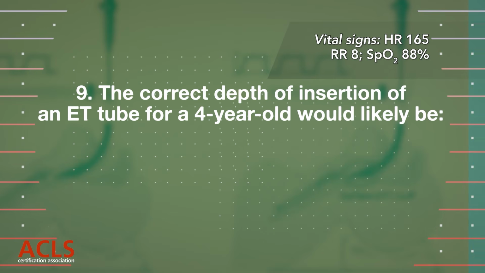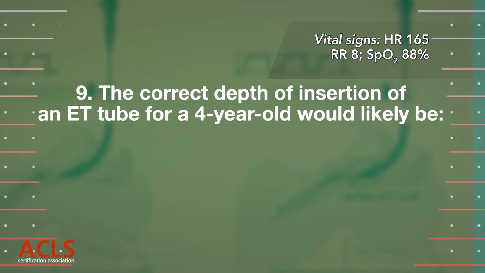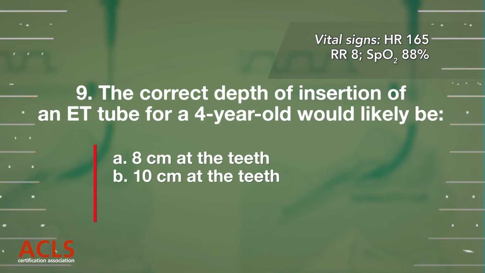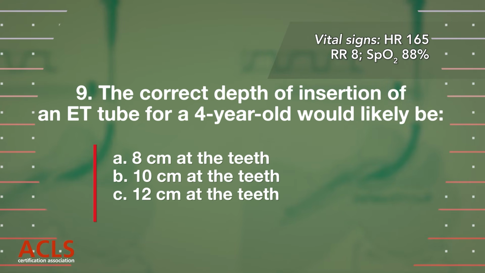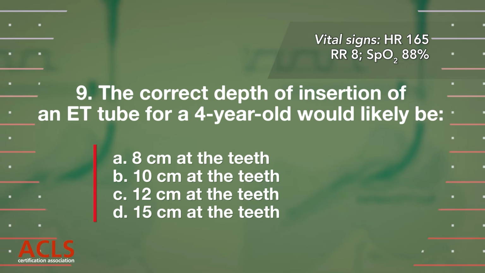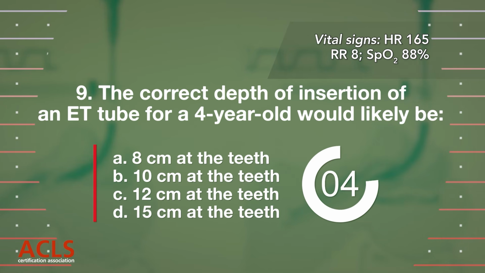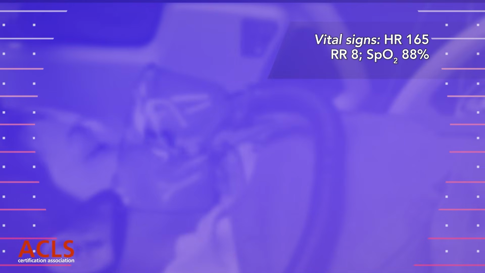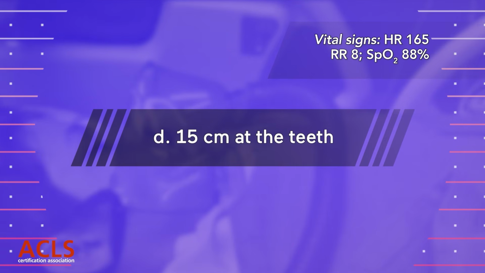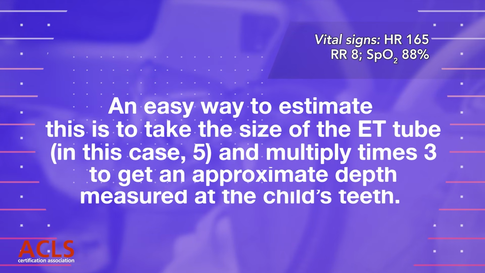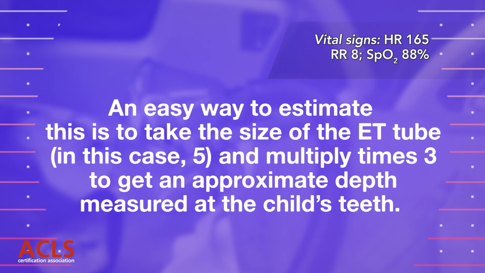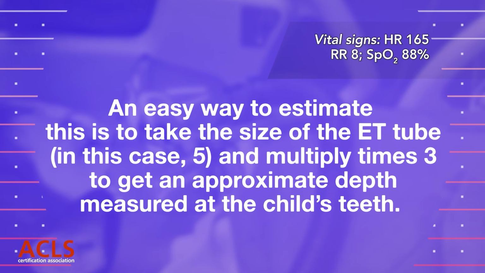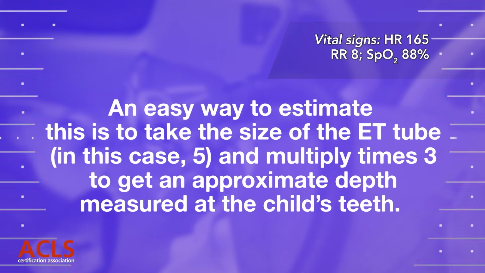9. The correct depth of insertion of this ETT for this 4-year-old child would be Correct answer, D. An easy way to estimate this is to take the size of the ETT, in this case 5, and multiply times 3 to get an approximate depth measured at the child's teeth.